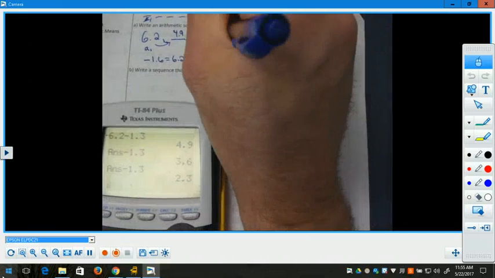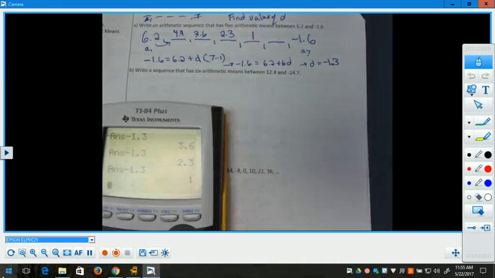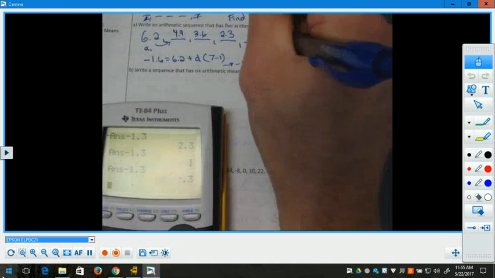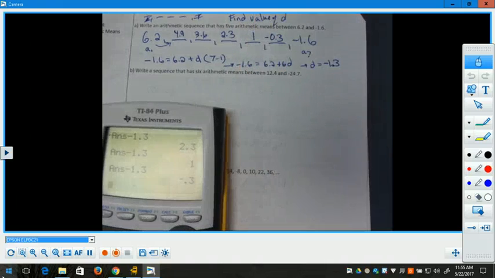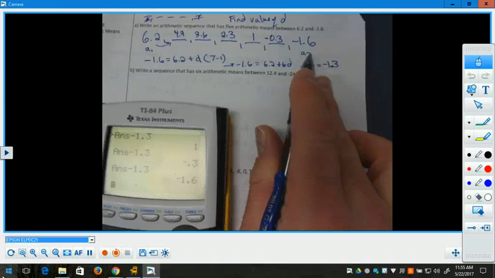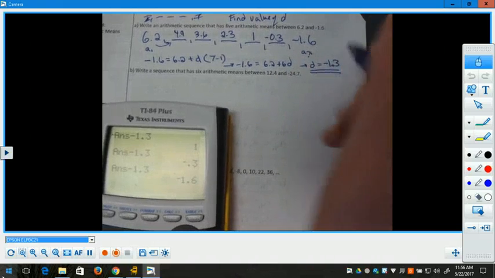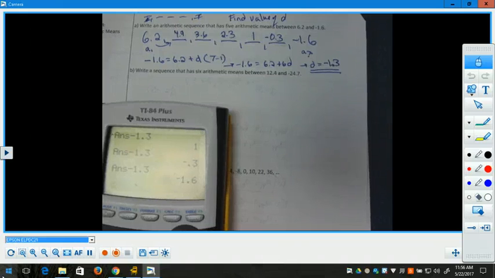It'll continue the pattern. 2.3, 1, negative 0.3, and negative 1.6, ending right back where we expected to end. So that way we know we calculated the correct value of d. Please take a moment to pause the video and try letter B.